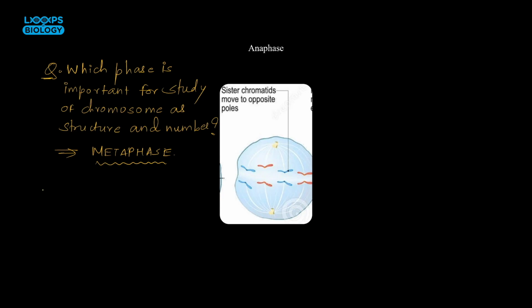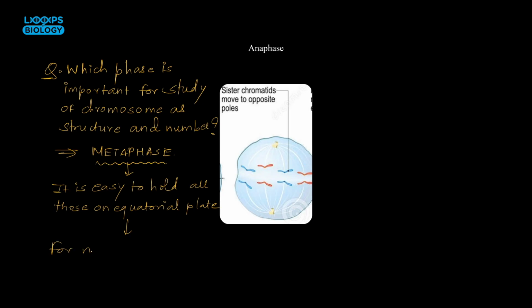Alright, and it is easy to hold all those on the equatorial plate. For the number of chromosomes, one technique is used, called karyotyping.